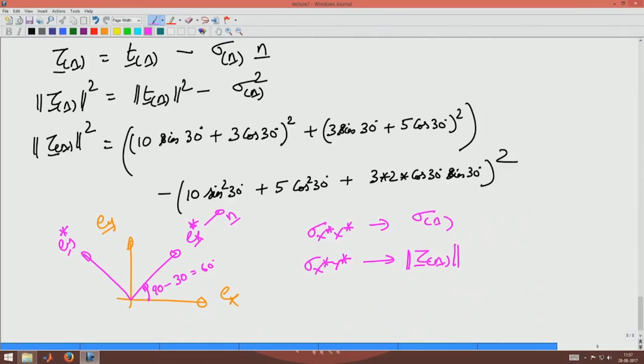Okay. So, I can use Mohr circle concepts, or I can directly use the fact that the normal stress is given by sigma transpose n dotted with n and shear stress is given by this expression to compute the stresses acting along a plane and normal to the plane. Okay.